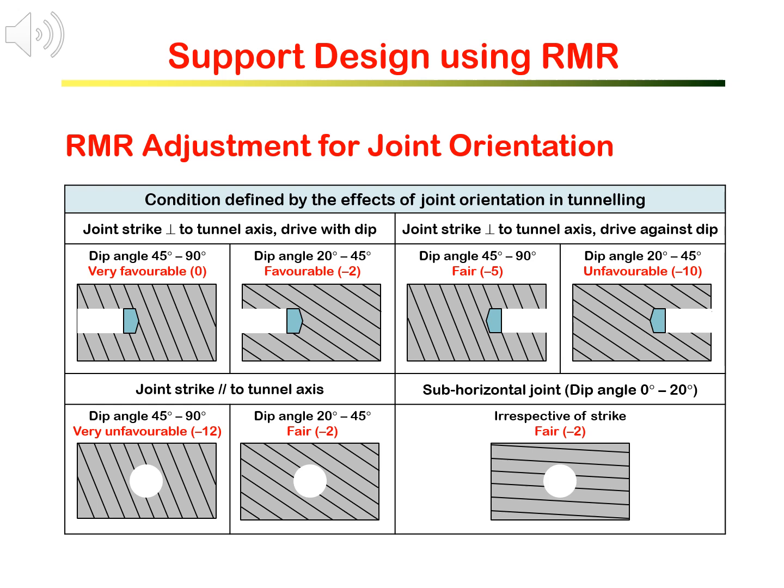The most problematic concern is when joint strike is parallel to the tunnel alignment and with steep dip angle. Wedges and blocks are more likely to be formed on the tunnel roof continuously.